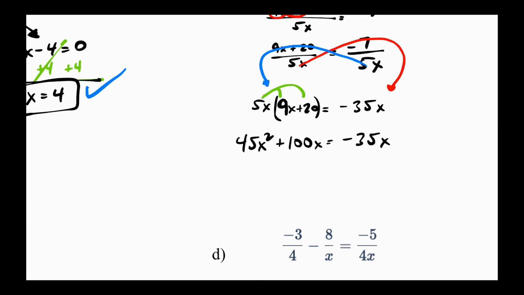All right. Now it's got an x squared. So that means I need to get everything on one side. Everything on one side. If it's got an x squared, everything on one side. So that means add 35x to both sides, since it was negative before.